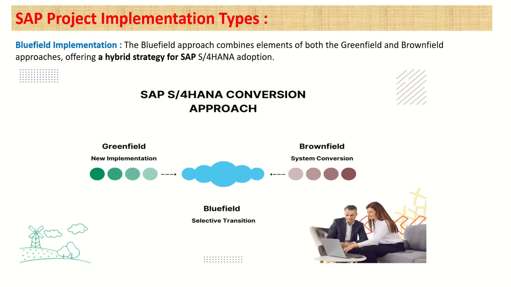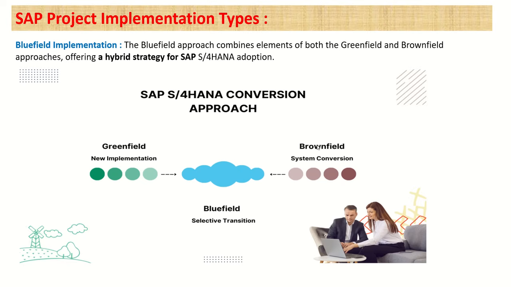And one more is there, that is bluefield. Bluefield we can call a combination of both greenfield and brownfield. Here we implement a new system along with the data migration from the old system. But here we are not migrating all the data. Selective data we want to migrate.